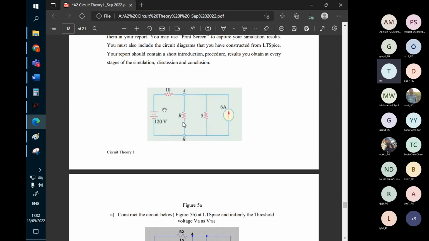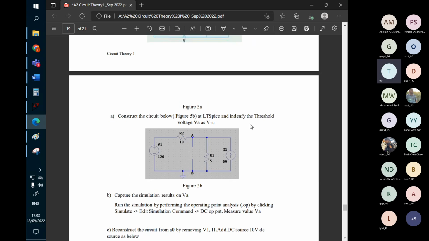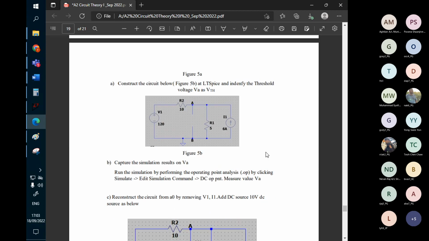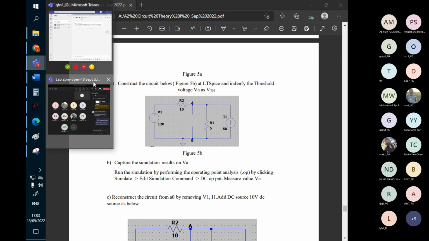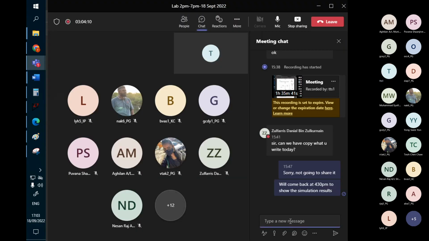Even if you try to include it, it has no value, so it's impossible to simulate, right? So just put the AB like this. Okay, so you guys go and try it. Okay, try question 5.